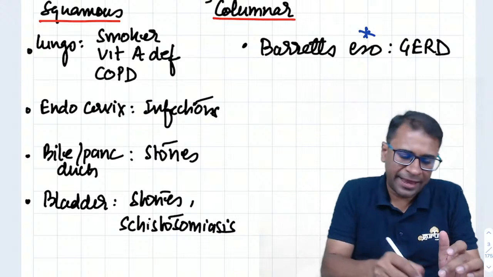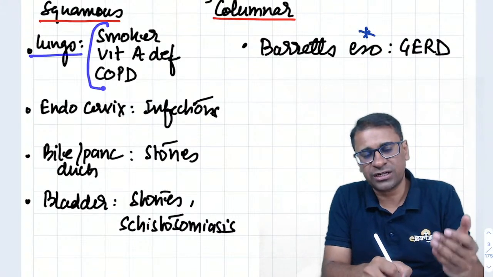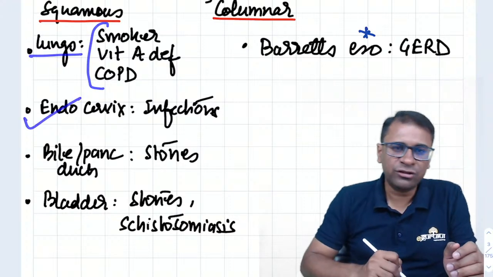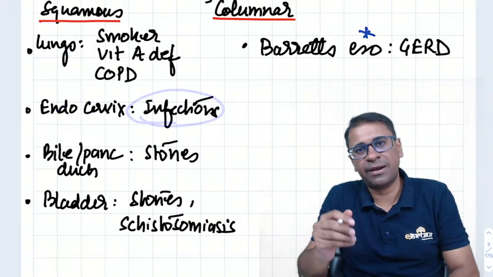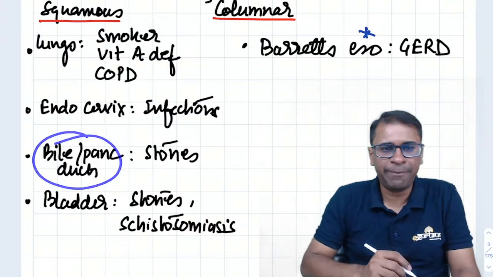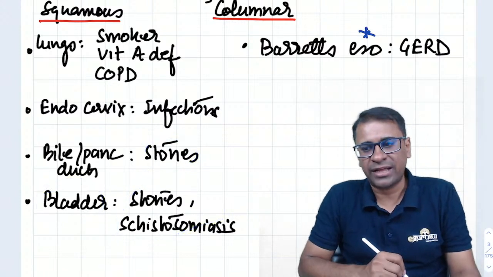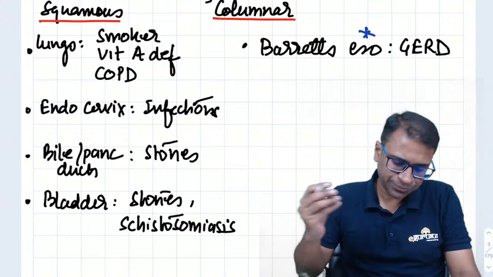Squamous metaplasia in lungs is seen in smokers, vitamin A deficiency, and chronic obstructive pulmonary disease, whereas in the endocervix it is seen in infection, especially by the human papilloma virus. In the bile and pancreatic ducts it can be seen in stones, and in the bladder in stones and schistosomiasis.